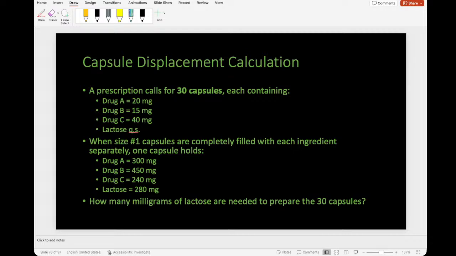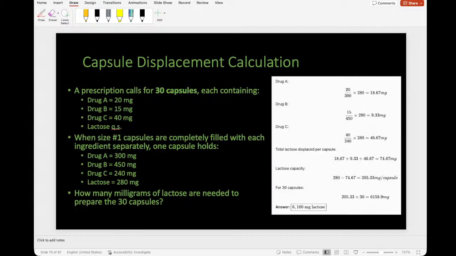And then you have to figure out how many milligrams of lactose are needed to prepare the 30 capsules. So before you get there, make sure you know the steps in that process. You have to basically divide it up between the three types of drug: A, B, and C. And then you have the lactose amount, which they've given you here, and you have 280 as the total amount inside that capsule.